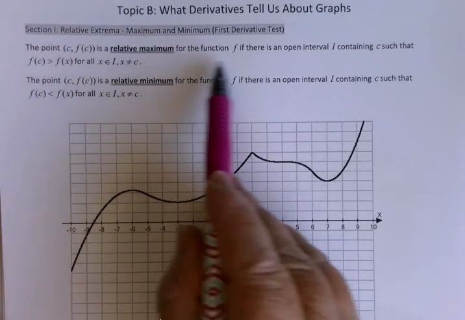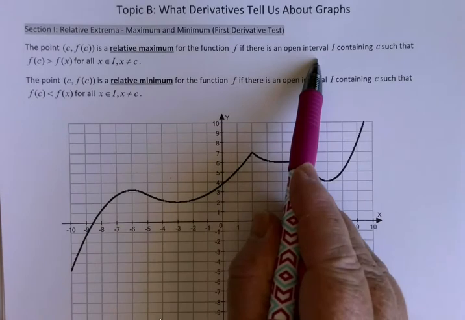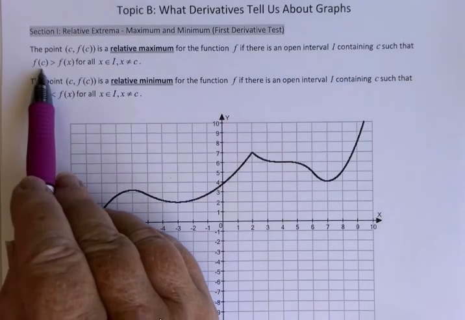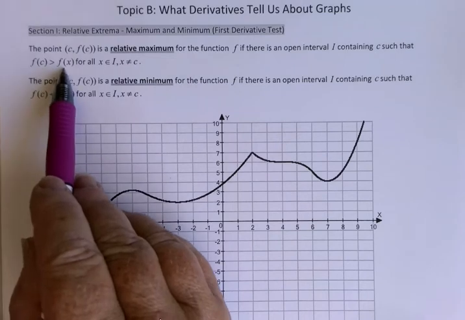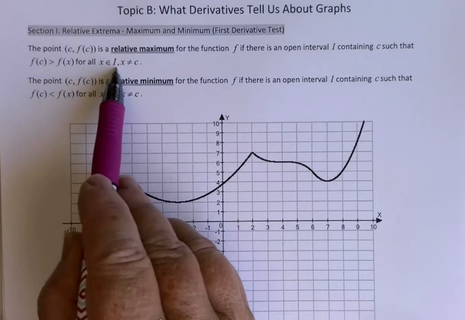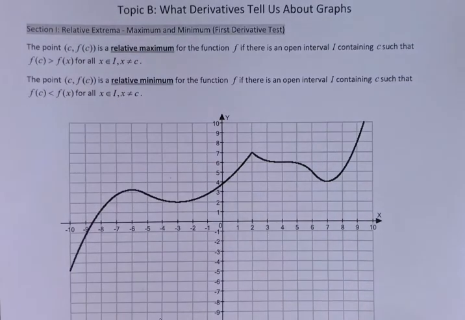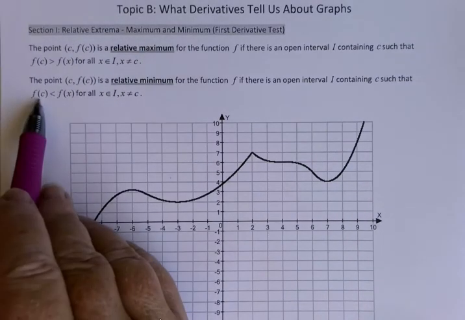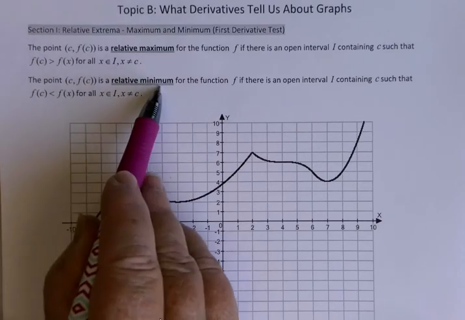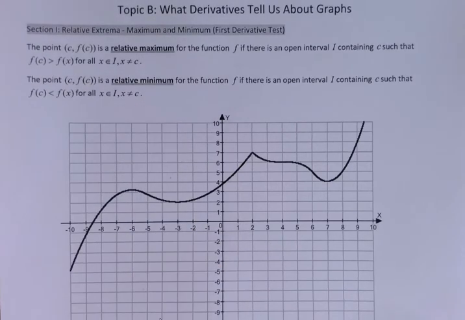Relative maximum says if there's an open interval containing our point C such that the y value, f of c, is greater than all of the other y values, f of x, within that interval, then we have a relative maximum. And of course, if the y values are smaller than all the other y values, then we have a relative minimum. So that's just all of that written out in a very mathematical way.